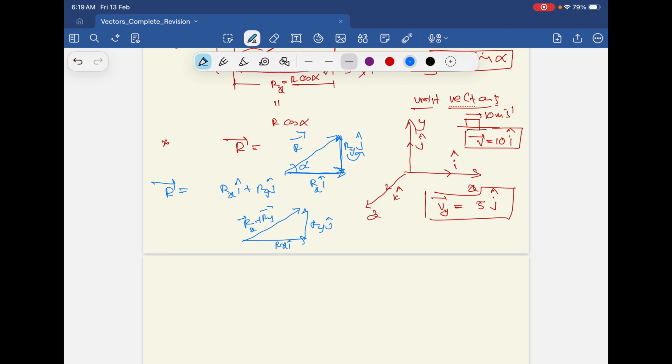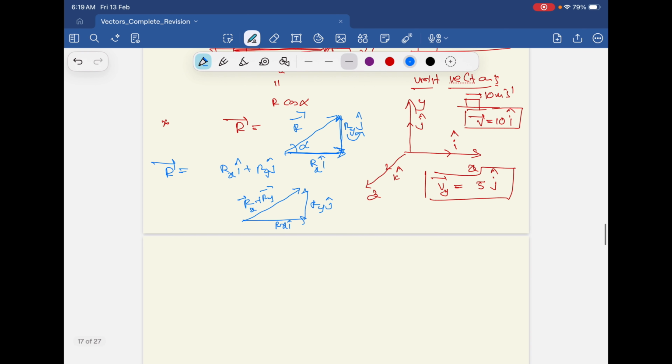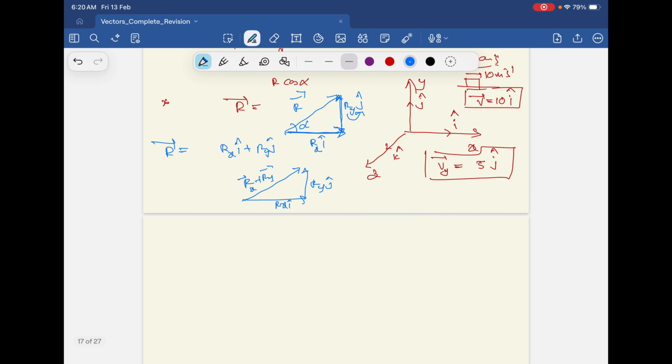Okay. Now z is perpendicular to this x and y plane, right? So this is now the resultant of what? rx into i cap plus ry into j cap. z is perpendicular to these two, no? So for example, I am drawing a perpendicular to this. The z component is rz, so I am saying k cap. Resultant how much now? All these? This is the resultant.